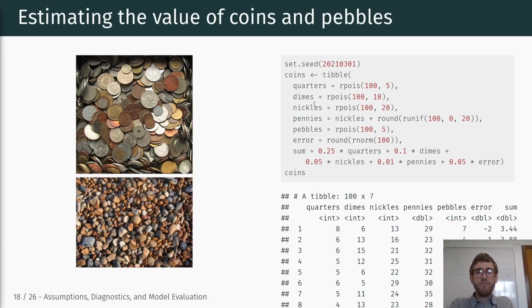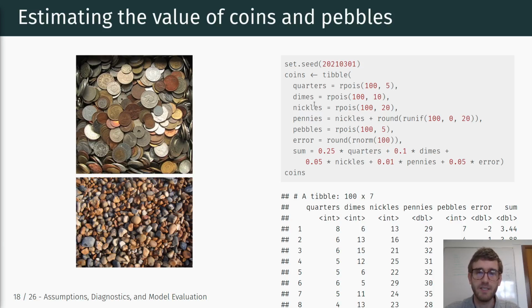Then what we're going to do is try to estimate, based on these 100 observations and the sum that is measured with some error, the value of each of those coins. So by how much does the overall sum on average increase if we compare two sets of observations where we increase the number of quarters by 1, or we increase the number of dimes by 1?